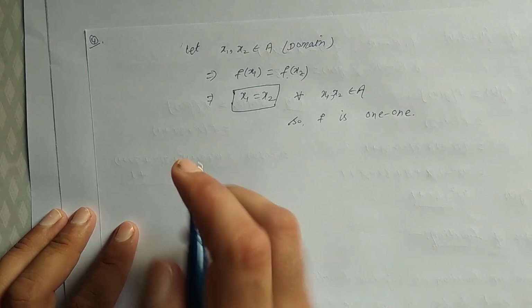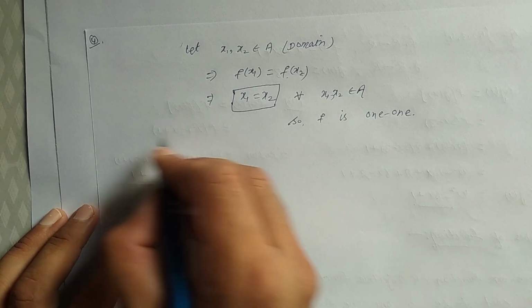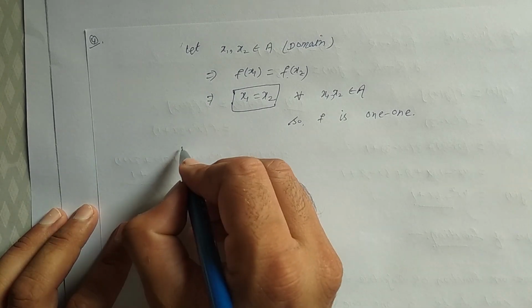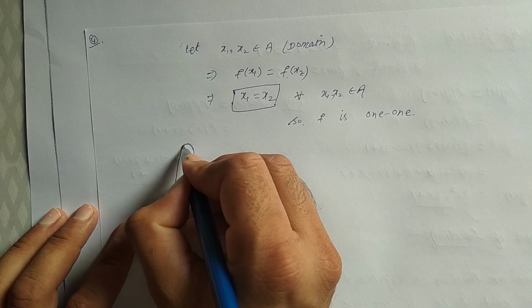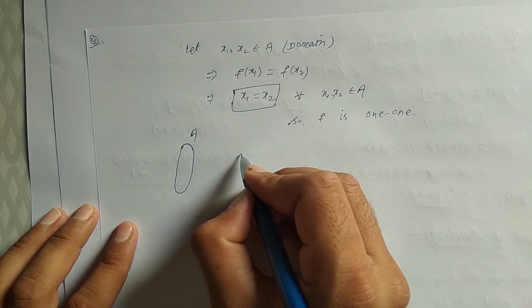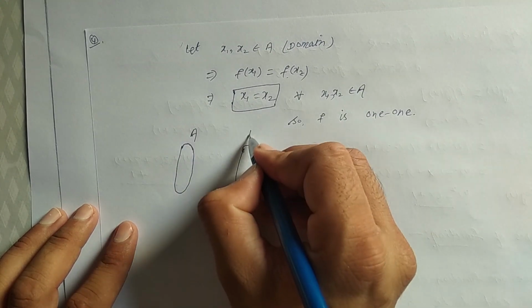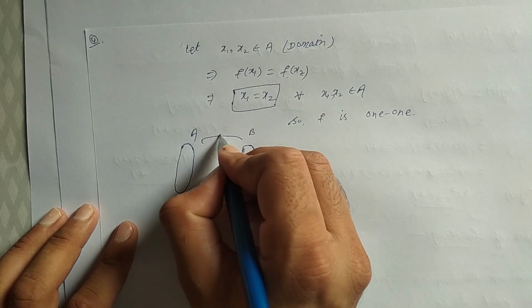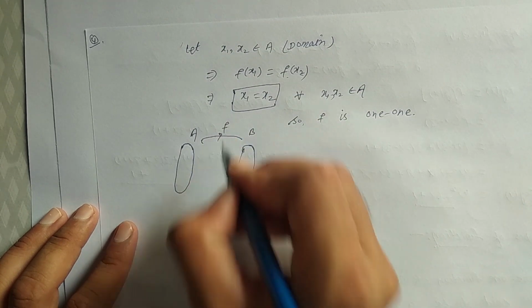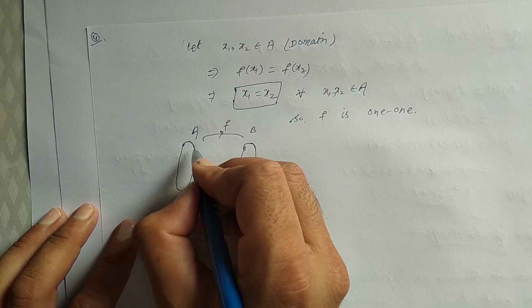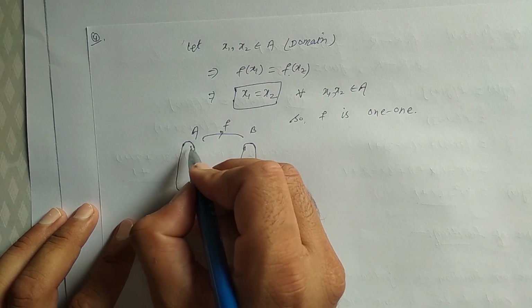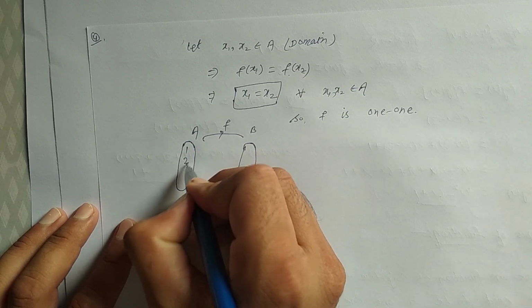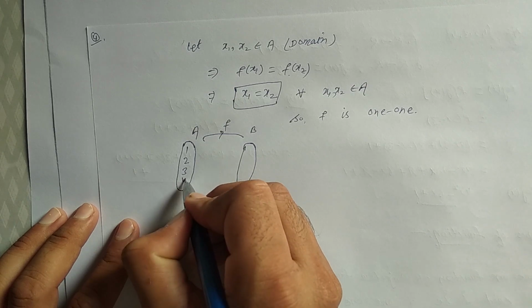Arrow diagram. Set A and set B, function f from A to B. Elements of set A are 1, 2, 3, 4.